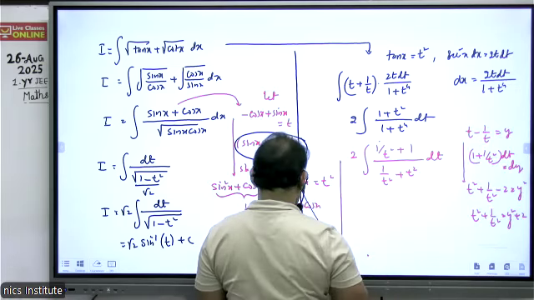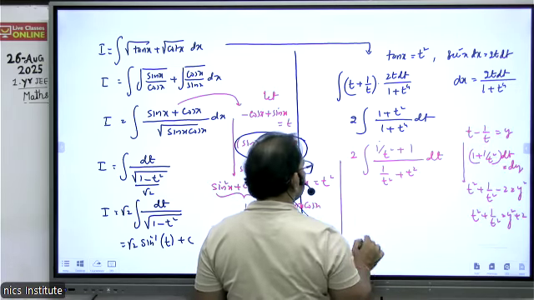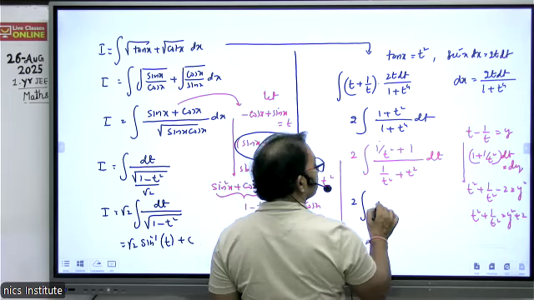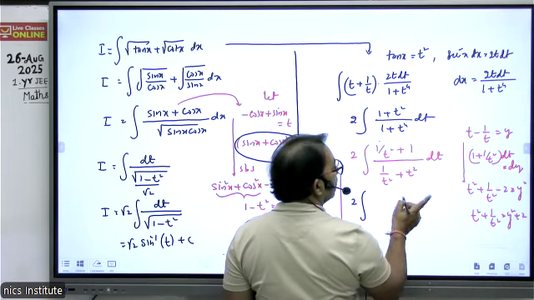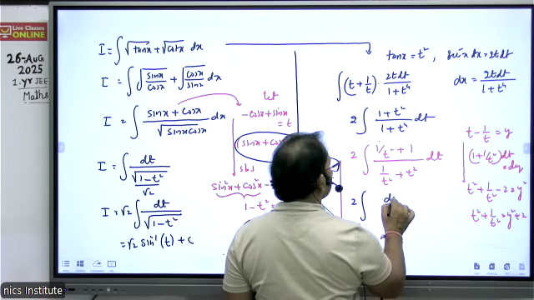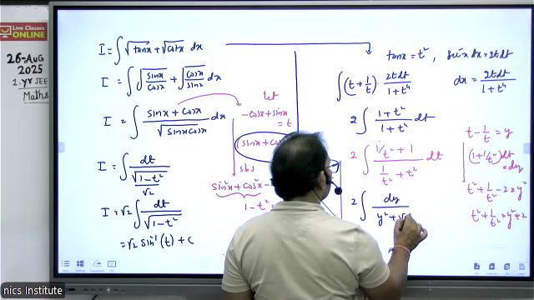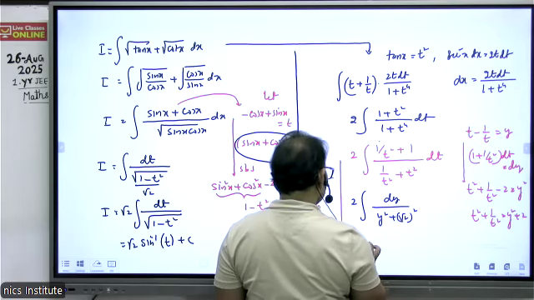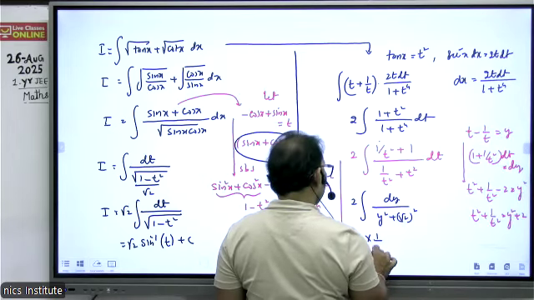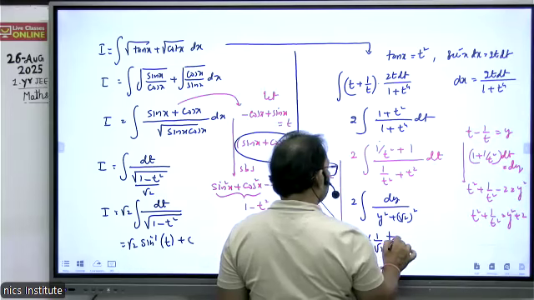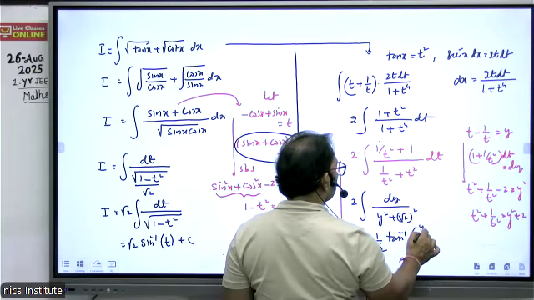So this is 2 times dy in the numerator, denominator is y square plus root 2 the whole square, which is the standard result 1 by a, tan inverse y by a, with a as root 2.